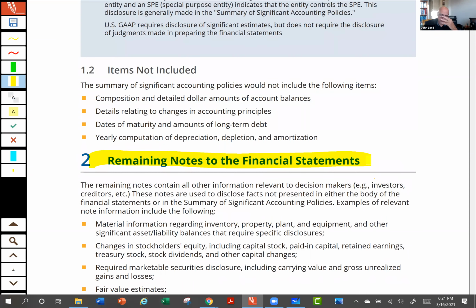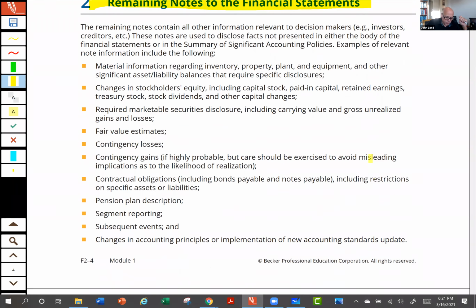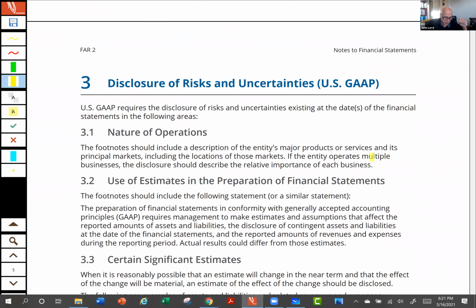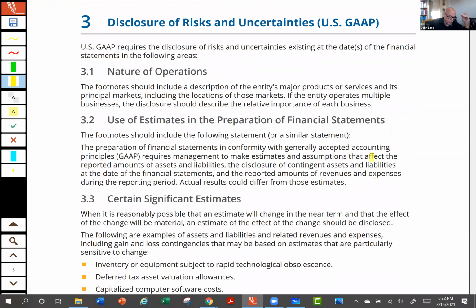So what they'll do in a question is they'll give you a list where all 4 choices are good disclosure items, but only one of them constitutes a summary of significant accounting policy. We'll take a look at an example of a class question that we'll work together in a minute. You'll see how they try to confuse you with that.